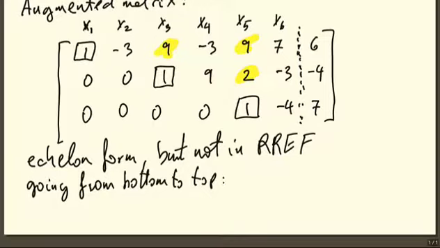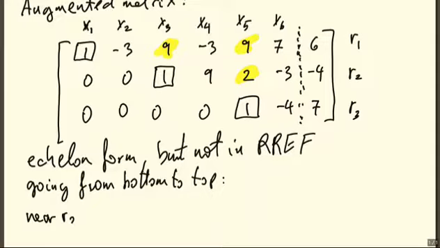So first of all, if we denote this as R3, row 3, row 2, row 1, then we get the new row 2 by adding to the present row 2 minus 2 times row 3, so that minus 2 cancels plus 2.